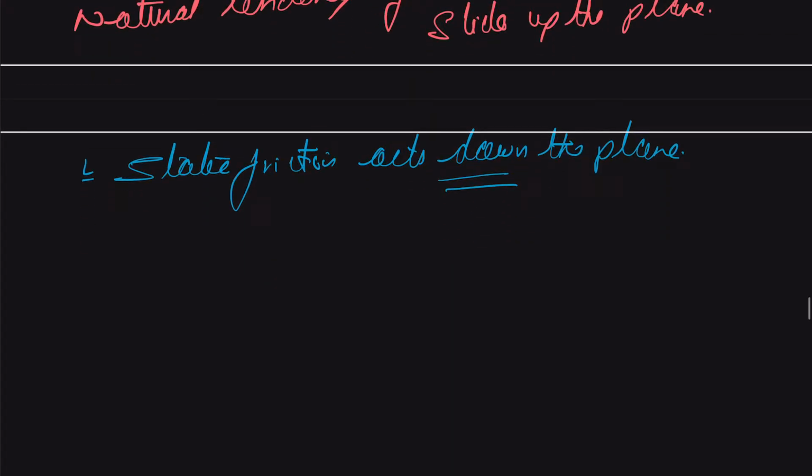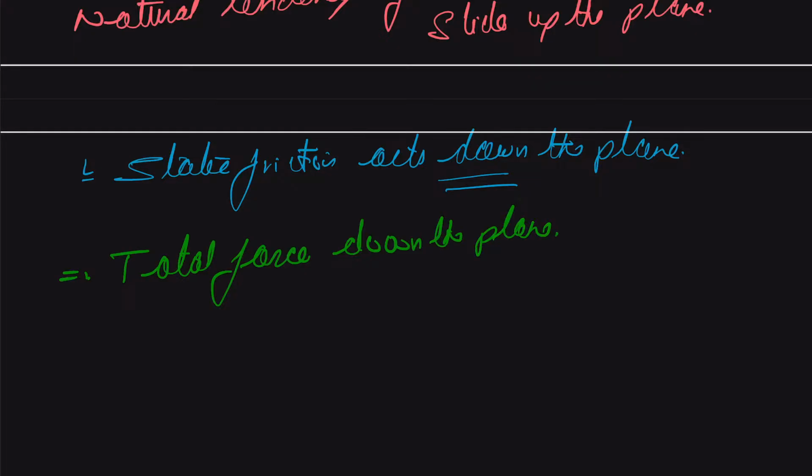And we can write the total force down the plane. Now in this case, we already have the weight, that's our W parallel, in the downward direction, and now we also have friction in the downward direction.